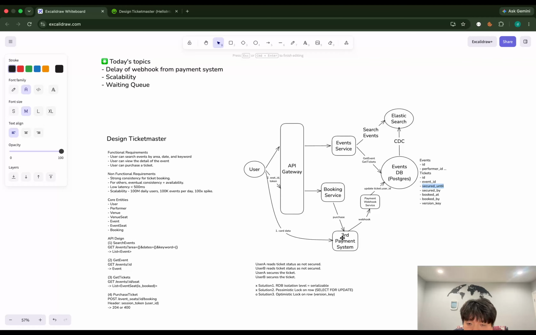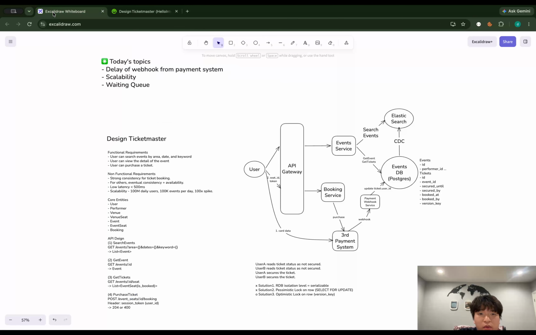And the third-party system makes the webhook. So obviously we need two timestamps. One is 10 minutes, where the user can make the payment, and the other is 10 minutes and 10 seconds, at which point the seat is now available to other users.